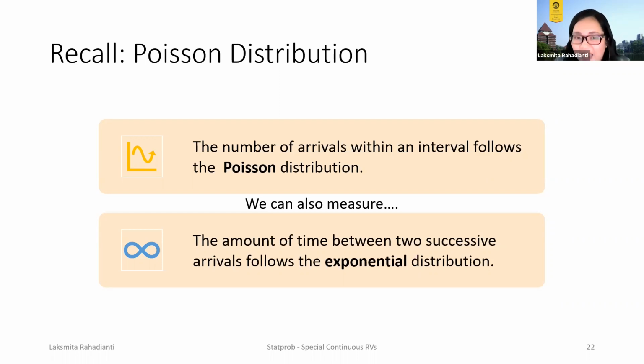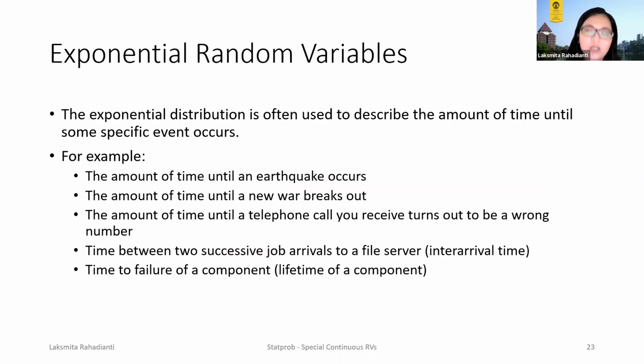Then I'm computing time, which is continuous, and thus I need to model it using an exponential distribution. The exponential random variable can be used to describe the amount of time, well, technically not only time, but the amount of interval until something happens.